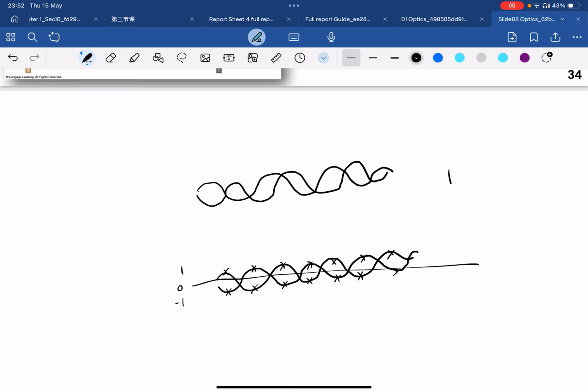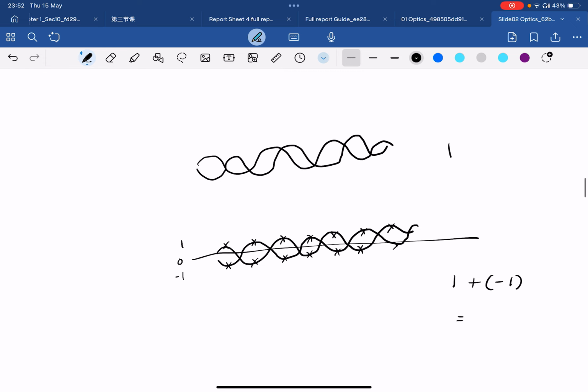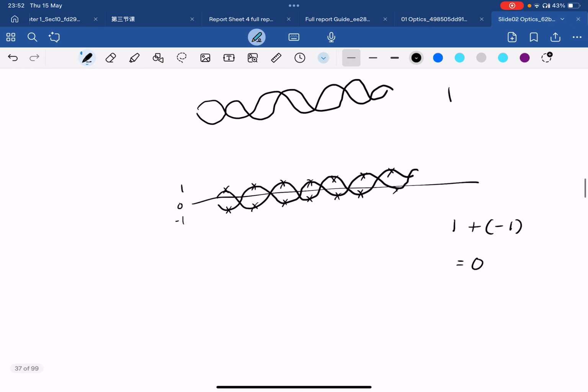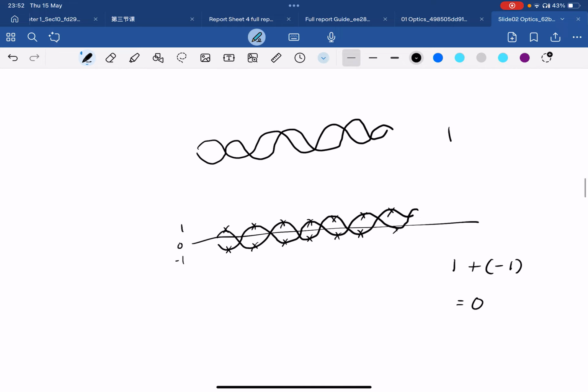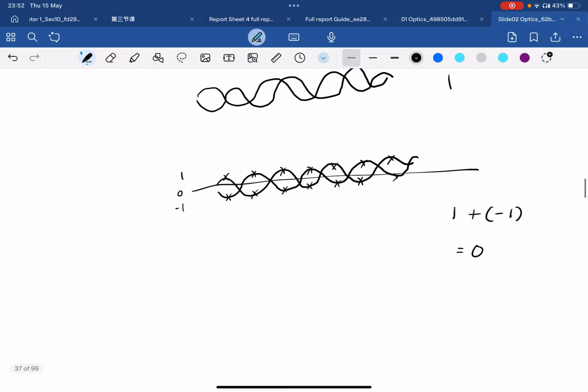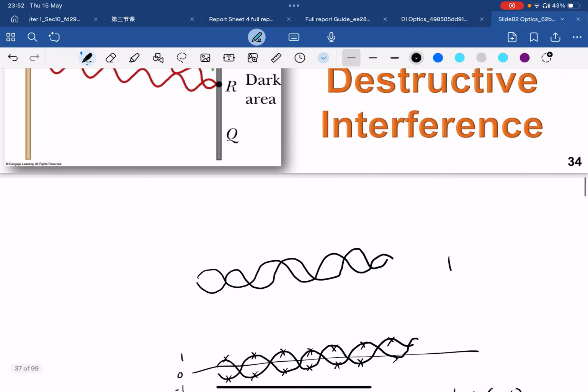So when you add these two, 1 plus -1, then it becomes 0. So these waves essentially cancel each other out. So then the resultant wave is 0. There's no wave. So that is a destructive interference.